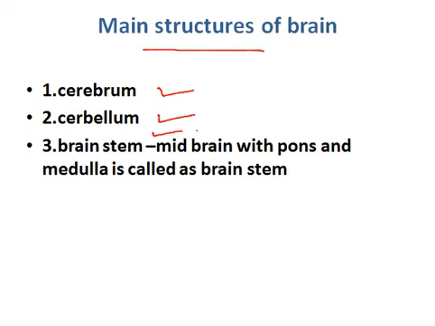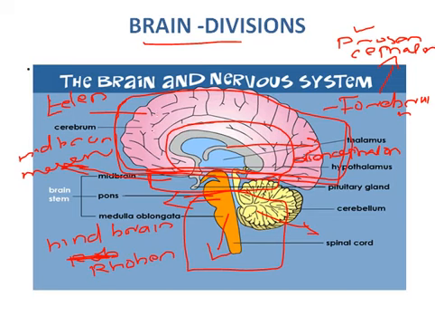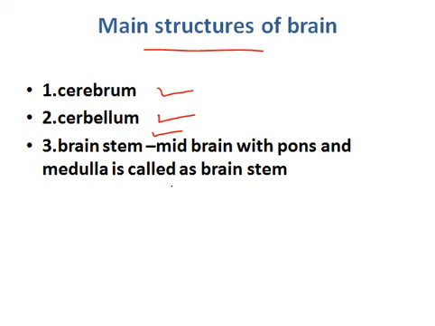Okay, we'll go to this picture. Here you can see the outer part. This is the cerebrum, and you can see here cerebellum and brainstem. The third part is brainstem. So we'll see here again. Cerebrum, you have seen. Then cerebellum also seen.